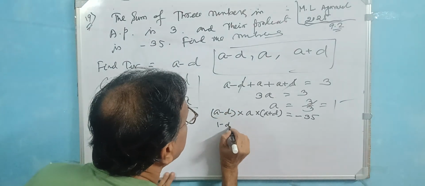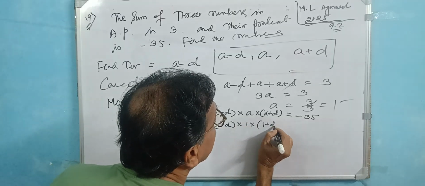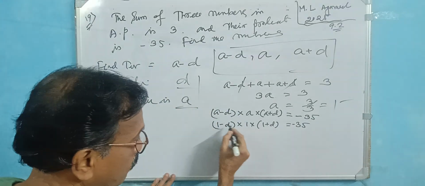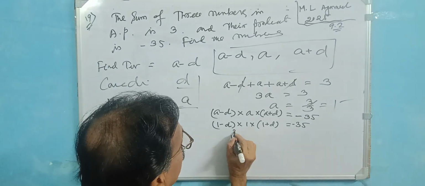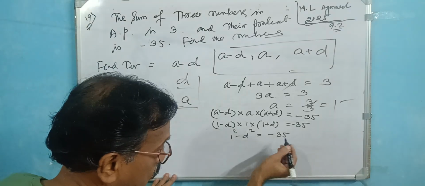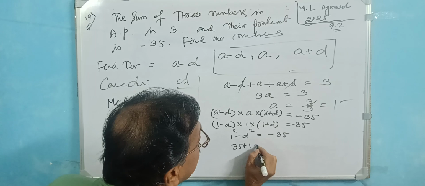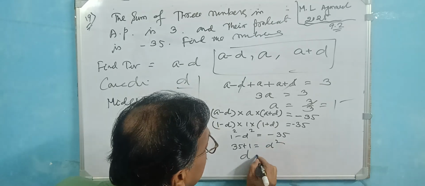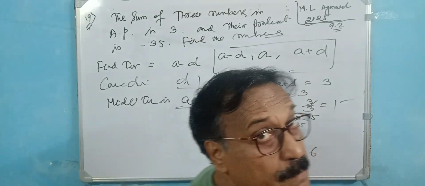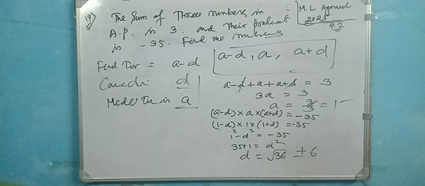So 1 minus D, this is actually 1, and this is 1 plus D, equal to minus 35. Now this is (A minus B)(A plus B), actually A square minus B square. So 1 minus D square is minus 35. If you shift, it is 35 plus 1, that is equal to D square. So D is the square root of 36, so plus or minus 6. Very important thing.